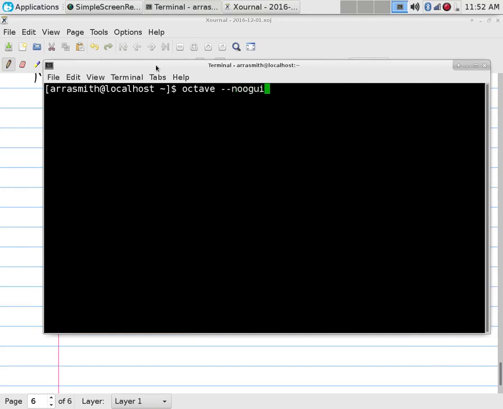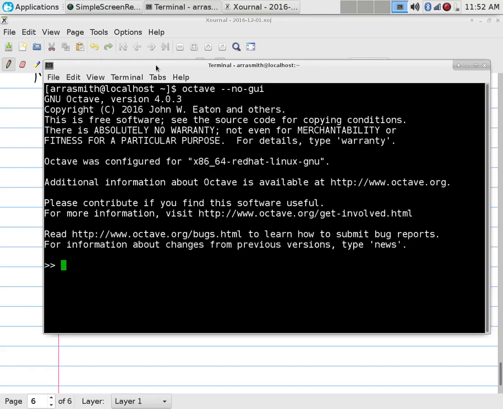I think it's no GUI. Yay. And then I could say, okay, A was equal to 0.94, 0.02, 0.06, and 0.98. Okay, and so that's just A.